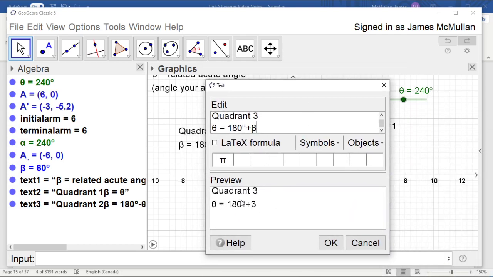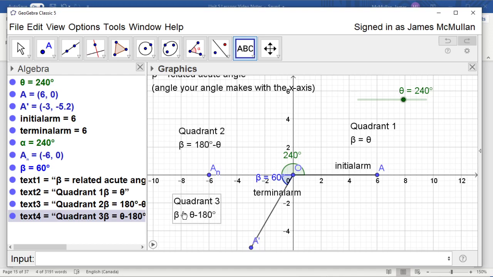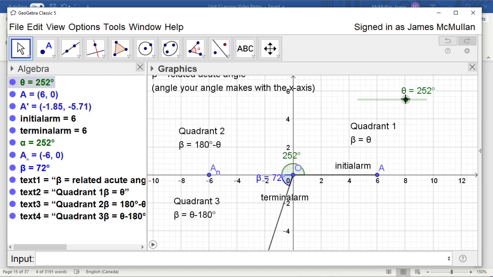Beta is theta, take away 180 degrees. So that's how you get beta in quadrant 3. If I ask you to draw something like 252, do 252 take away 180, that gives you 72, and that's what the beta is in quadrant 3.